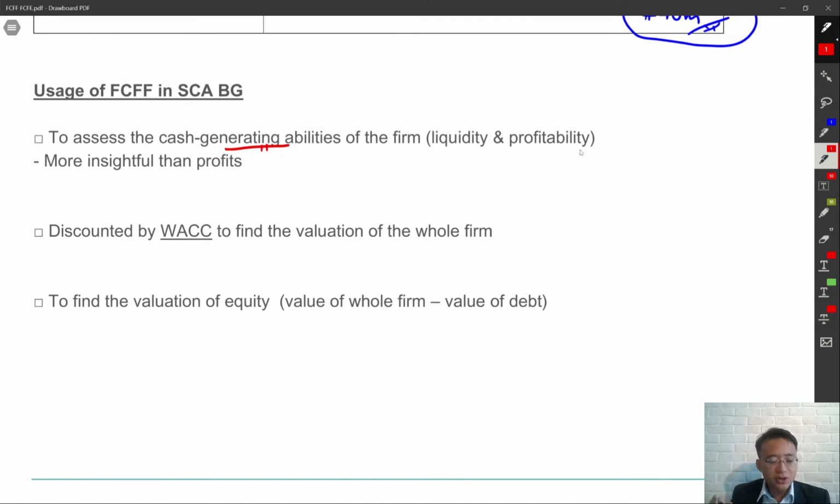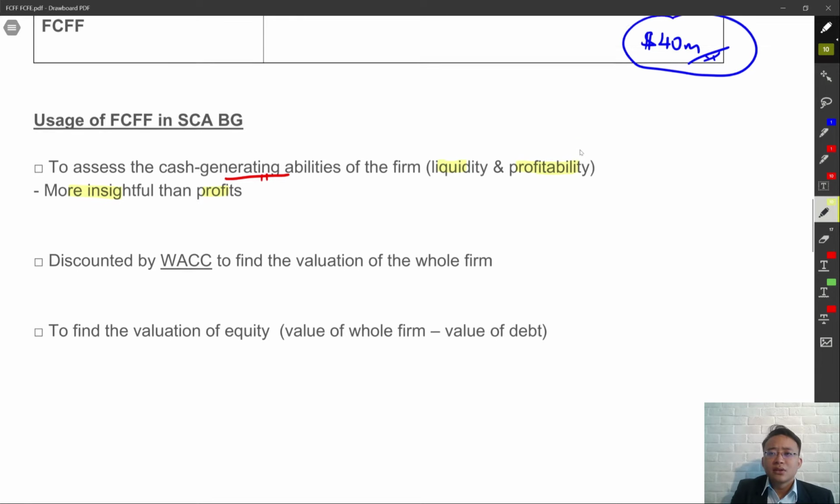If I'm generating cash, this confirms my profitability, and it also shows that your firm is liquid. Cash generating abilities are more insightful than profits, because cash is certain, and that is what we use to give returns to our debt holders and equity holders.